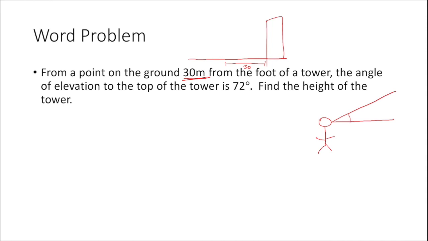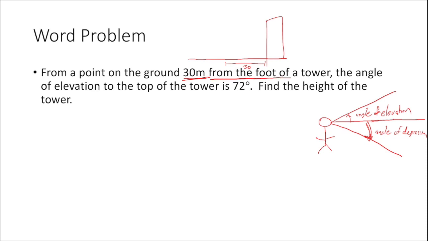If I look up, that's my angle of elevation. I'll teach you now the angle of depression. This angle is the angle of depression, the angle that goes down from looking straight ahead, the horizontal.